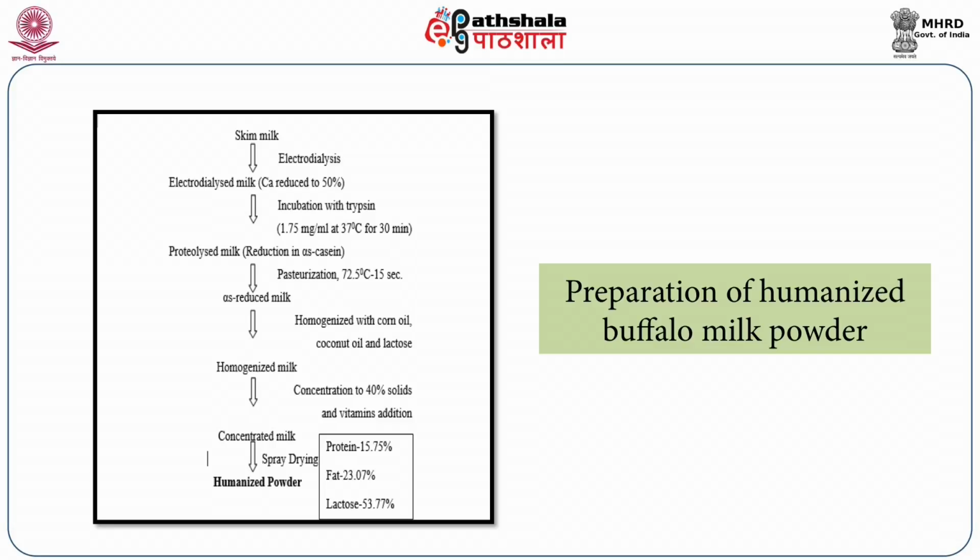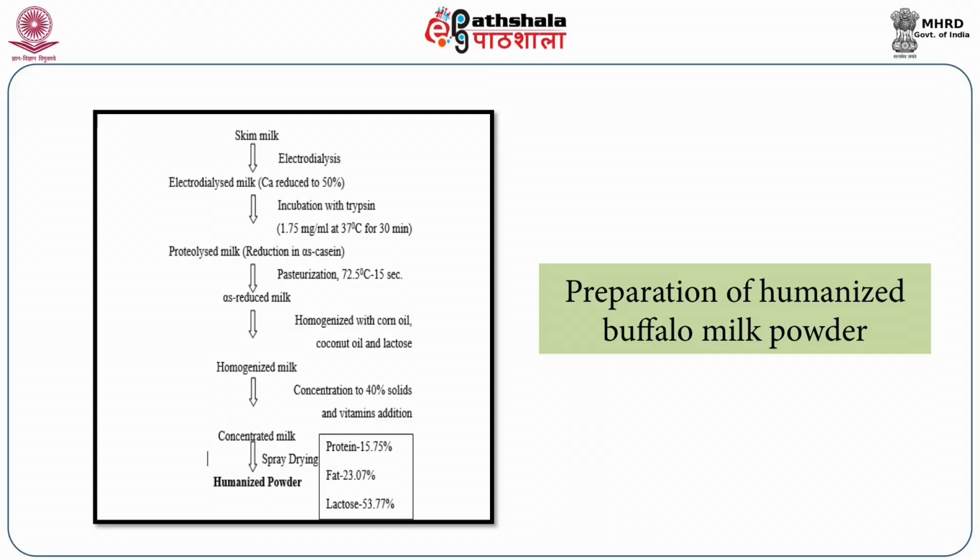Now, this electrodialyzed milk is incubated with proteolytic enzyme trypsin at the rate of 1.75 milligram per ml, at 37 degrees Celsius for 30 minutes. This enzyme trypsin will proteolyze the milk and reduce alpha S casein, and we will get proteolyzed milk. This proteolyzed milk is then pasteurized at 72.5 degrees Celsius for 15 seconds to eliminate pathogens present in milk.